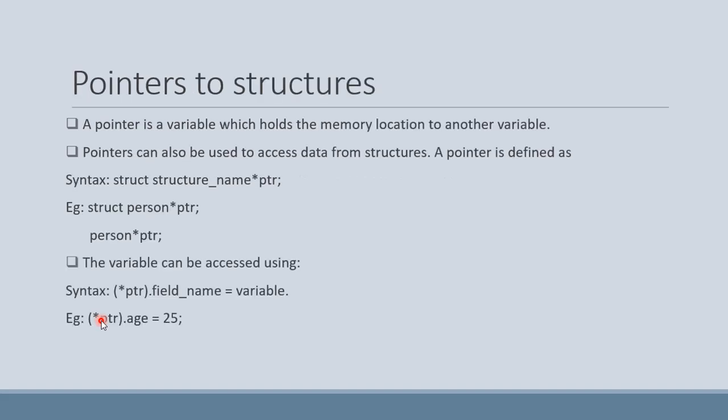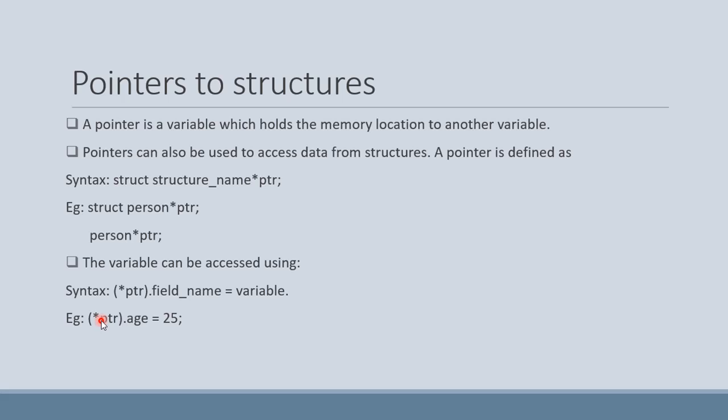Now let us learn how to access data from the structures. We have seen that using the dot operator we can access data from a structure. Another way to access data from a structure is using a pointer.